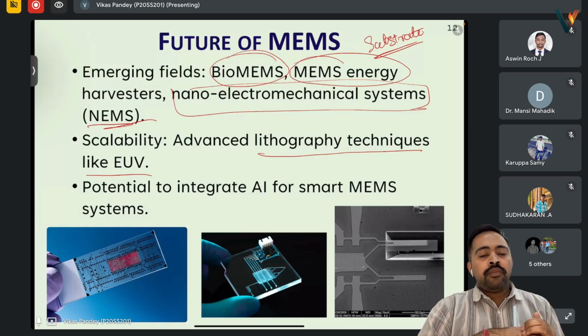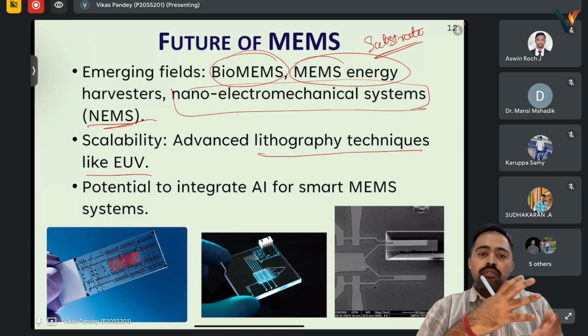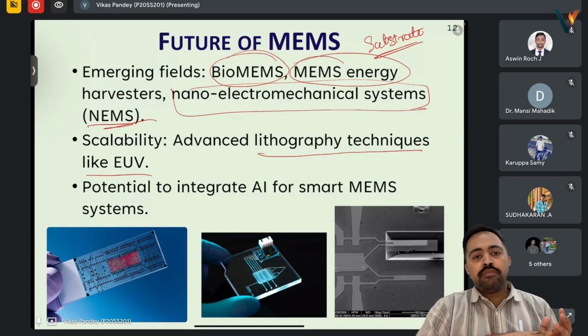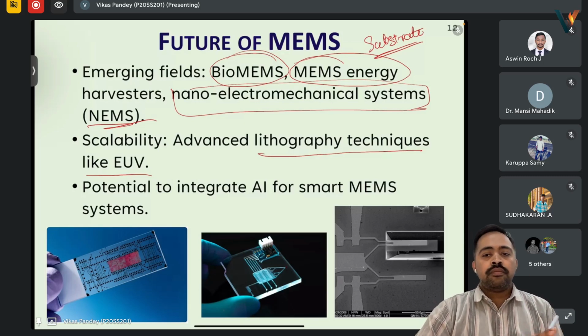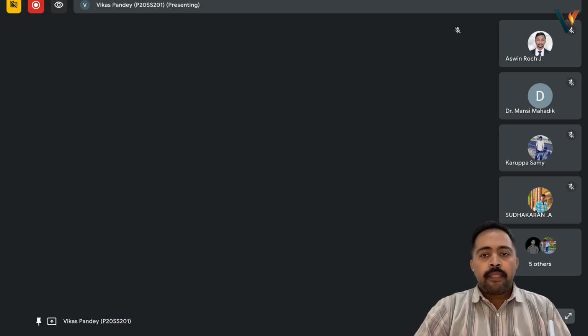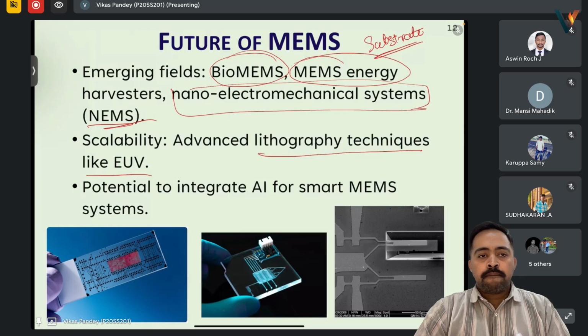So when we talk about flexible sensors, it is like flexible MEMS. Got my point? Fine.